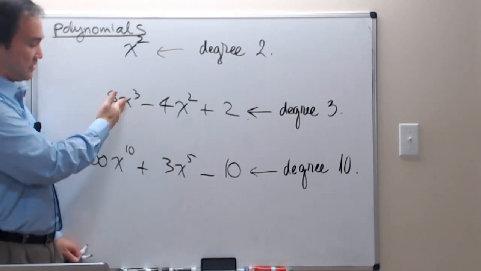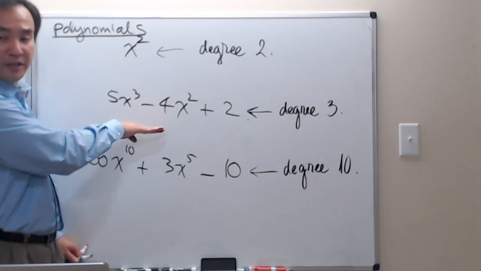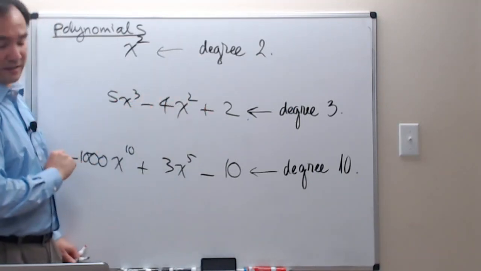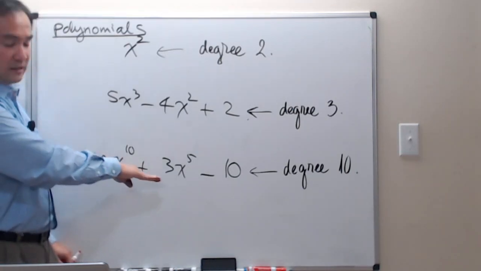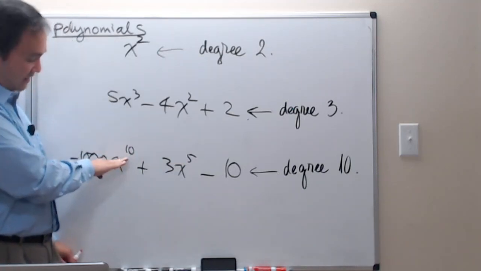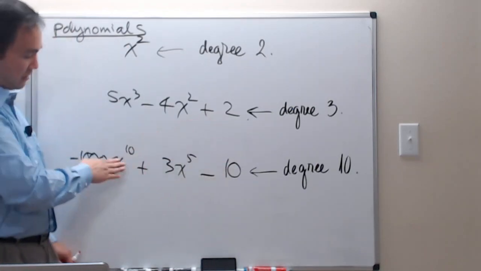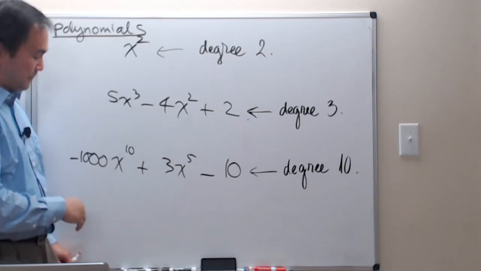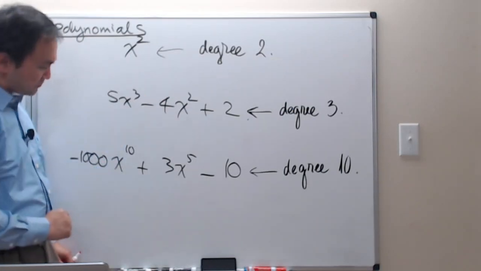With 5x cubed minus 4x squared plus 2, I already wrote the polynomial in decreasing power order. Same here: I wrote the three terms in decreasing order of powers, starting with power 10, then power 5, and so on. It's always best practice to write your polynomial in either increasing or decreasing order of powers.